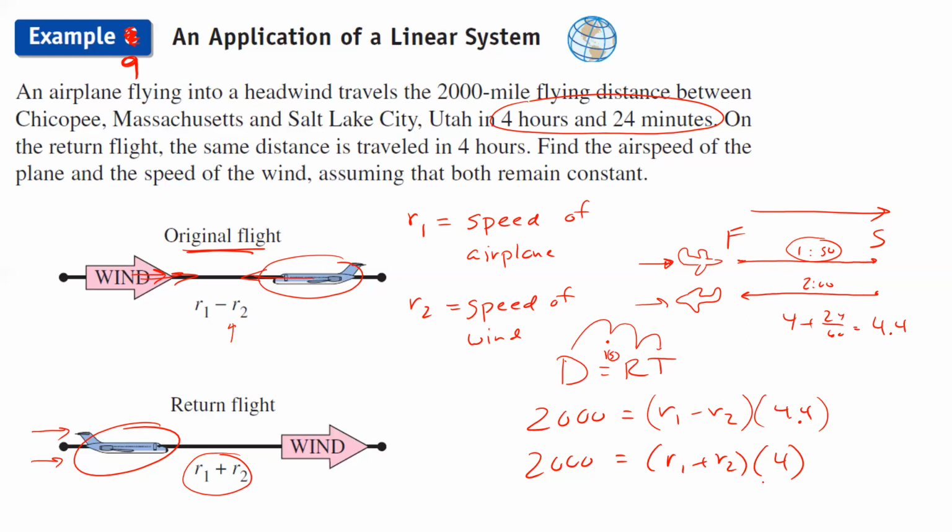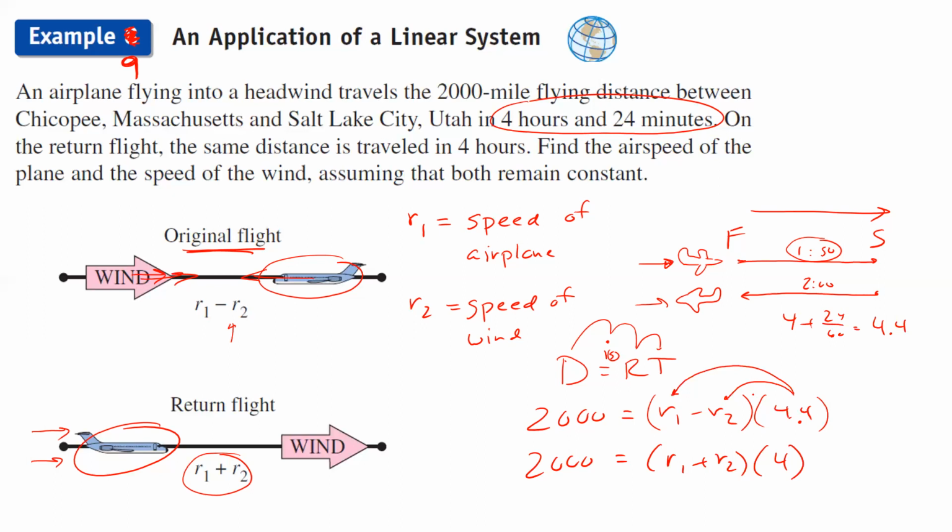Okay. Does that look like any equations we had before? I'm thinking we got to do this here to separate the R1 and the R2 and not having a multiplier. Let's do this here. Let's multiply the 4.4 into here.